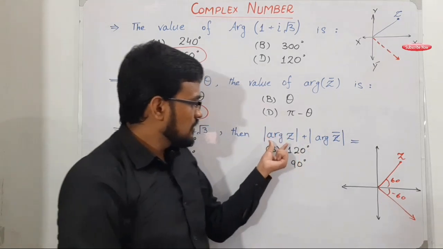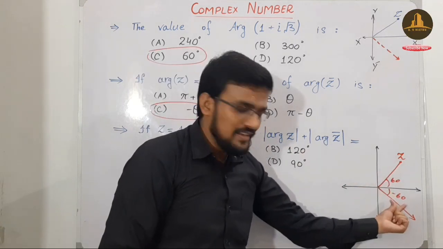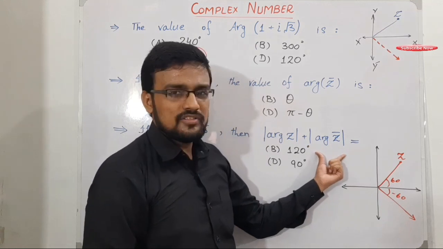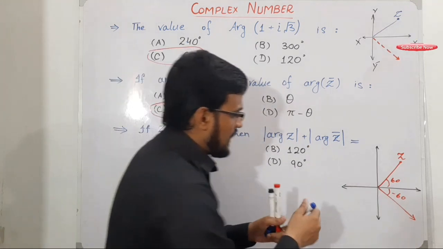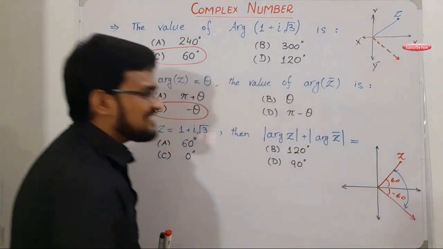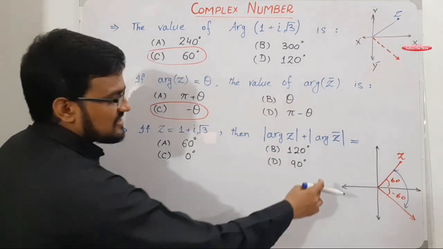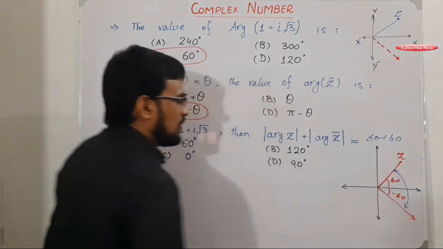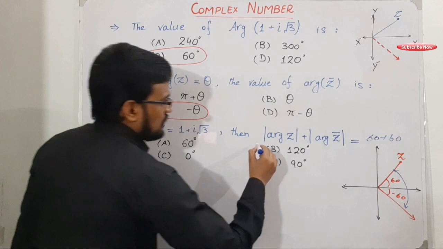It means plus 60 minus 60 becomes a positive 60 due to this modulus. It means the whole angle is 60 plus 60, which is equal to 120 degrees, student.